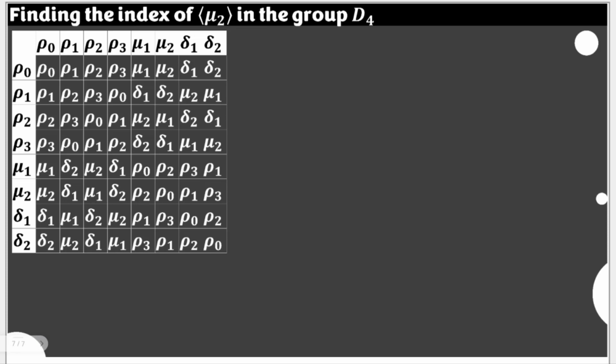So for D sub 4, D sub 4 is the collection of all the permutations on a set with 4 elements. So we have the rows here, the mu's, and the deltas. The rows, we have row sub 0, row sub 1, row sub 2, and row sub 3 are rotations.